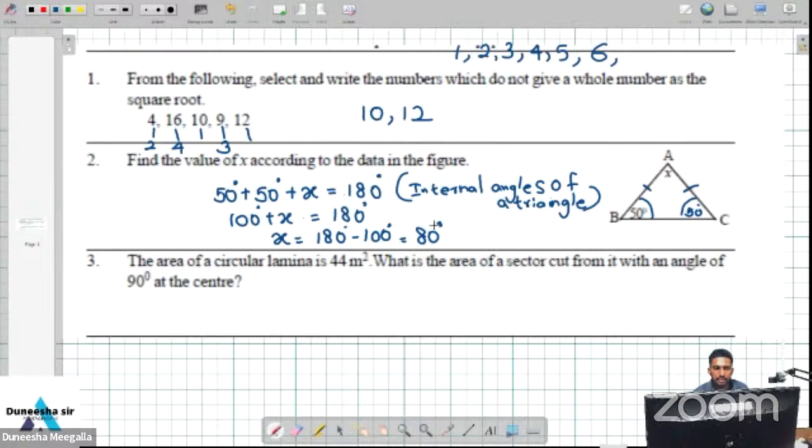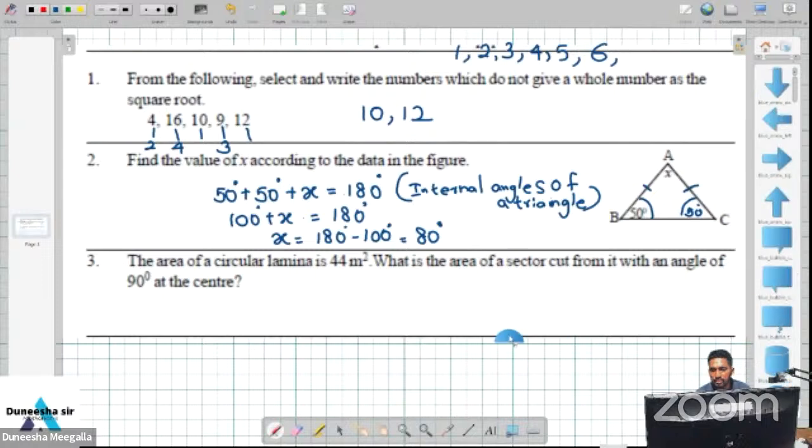Then what is the third question asking? The area of a circular lamina is 44 square meters. What is the area of a sector cut from it with an angle of 90 degrees at the center?